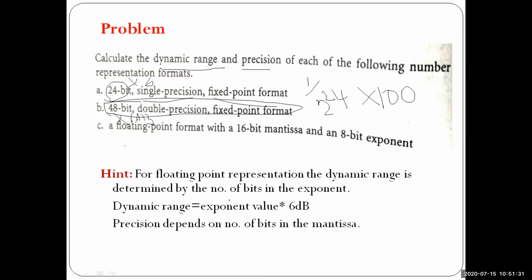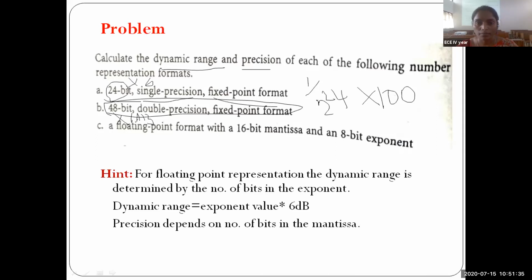Yes, ma'am. But the third one is somewhat different. Third bit, for floating point: dynamic range is equivalent to your exponent value into 6 dB. For 8 bits, what is the exponent value? 255, right? So 255 into 6 dB is the dynamic range. Note down quickly. 255 into 6 dB.